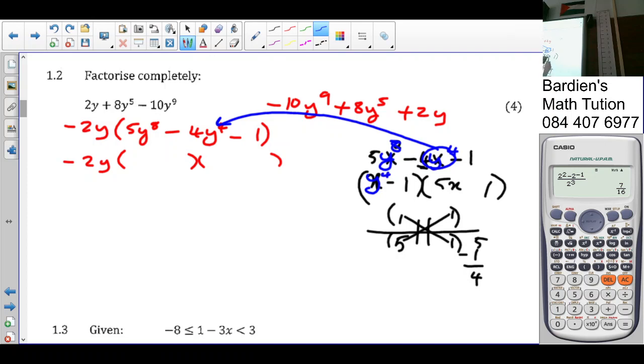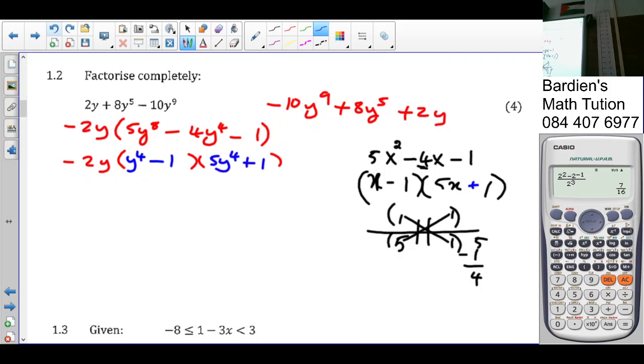Can you see that, people? Does it make sense? I said 1 plus, 1 minus. The bigger one had to be minus. So you're going to have y to the exponent 4 minus 1 and 5y to the exponent 4 plus 1. You all agree with that?